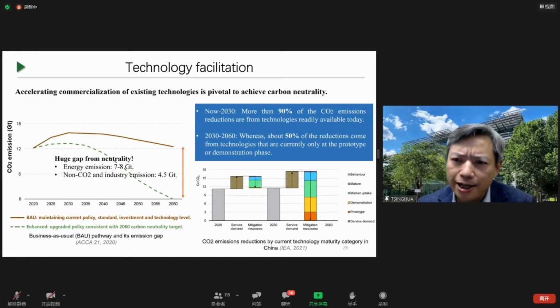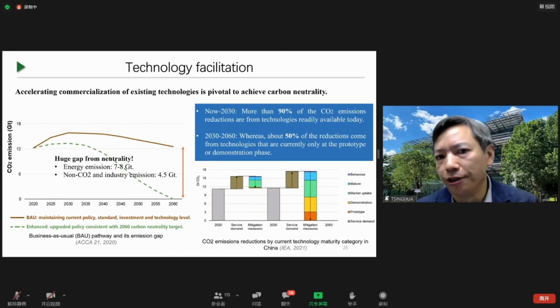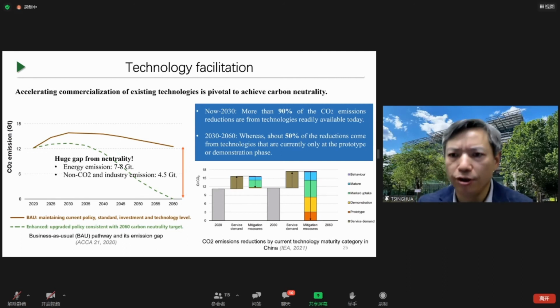We see a clear roadmap and technology route to carbon neutrality, but also some problems of immaturity in almost all the key technologies addressed, which means accelerating commercialization of existing and known technologies is pivotal to achieve carbon neutrality. The importance of technology innovation and facilitation is obvious.